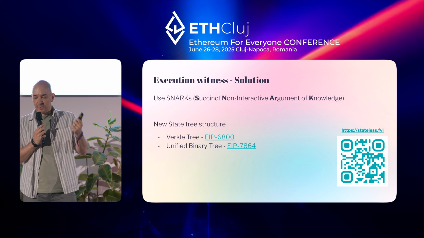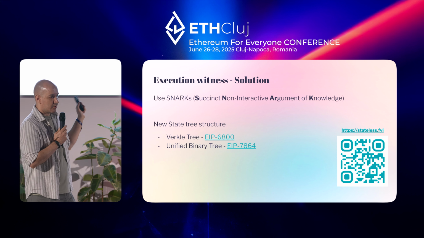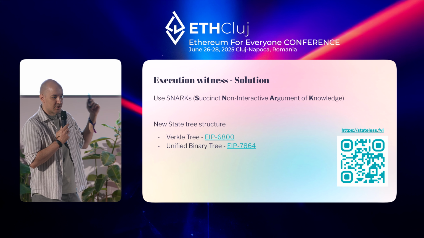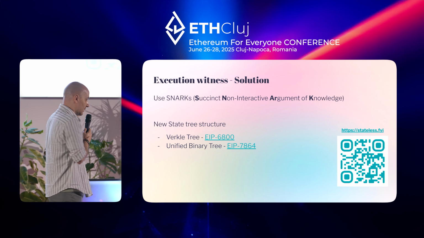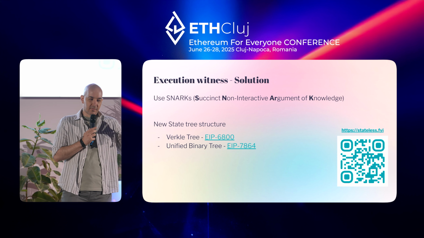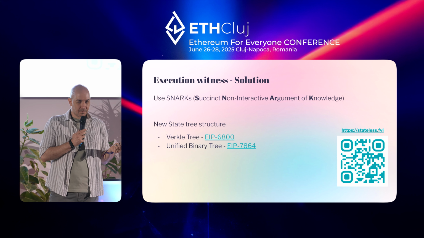And another with a similar idea, but using completely different structures and some different primitives, is called unified binary tree. It looks at similar principles and achieves the same things. The trade-off between these two approaches is that Verkle trees have been in research for much longer, but even from the beginning of the research, it was known to be not quantum secure.